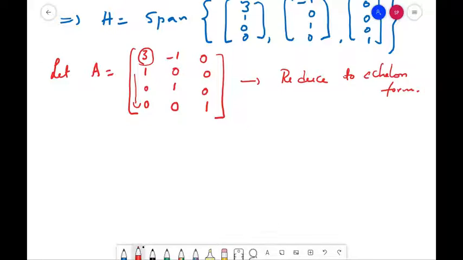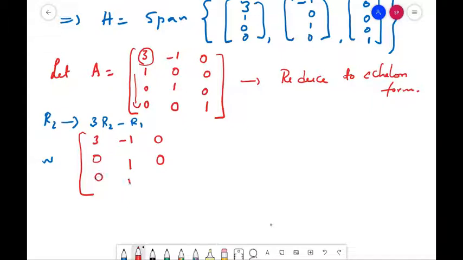So what do I apply? The transformation R2 goes to 3 times R2 minus R1. So this will be transformed to 3, minus 1, 0, 0, and then 3 times 0 minus R1 will give you 1, and this will be 0 anyway, and the rest is unchanged: 0, 0, 1.